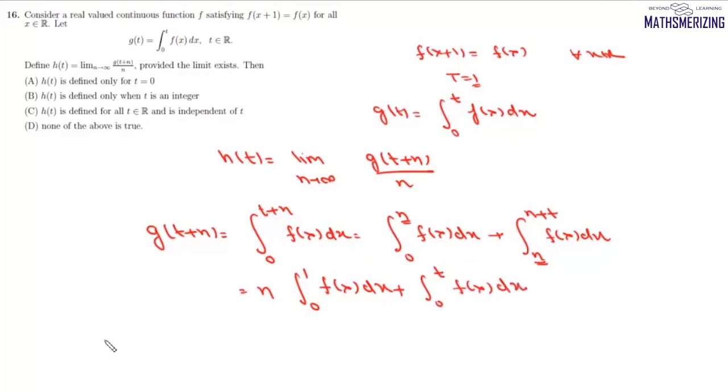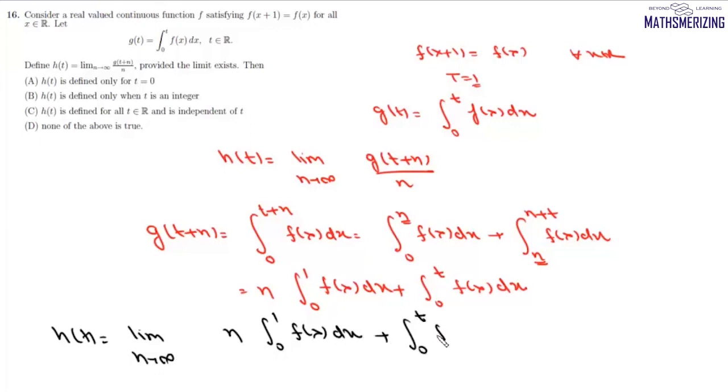f(x) dx. So we can write this function h as the limit n tends to infinite of n times the integral from 0 to 1 of f(x) dx plus the integral from 0 to t of f(x) dx, upon n. Now we split it in two parts.